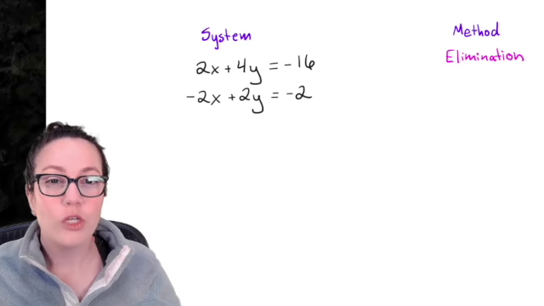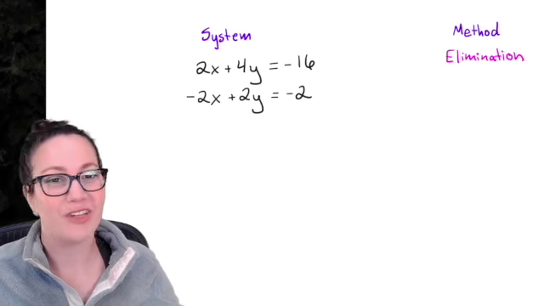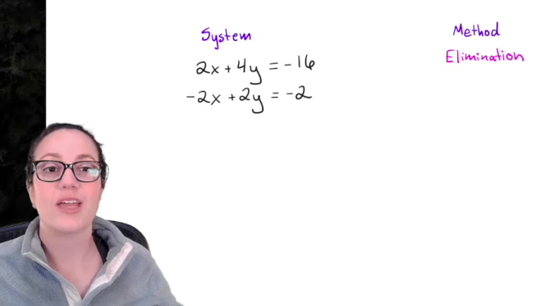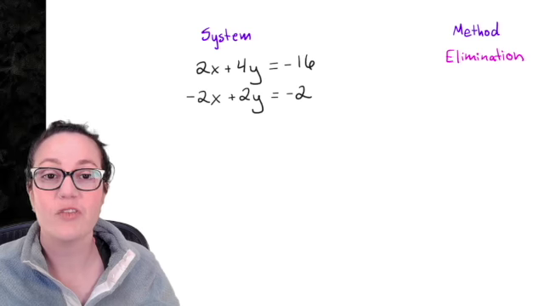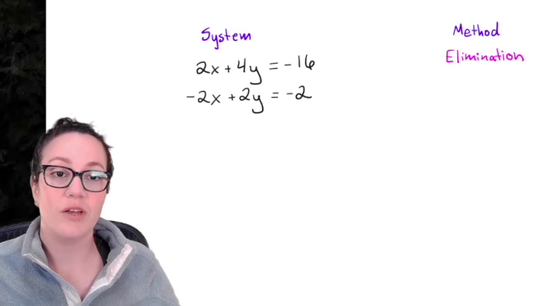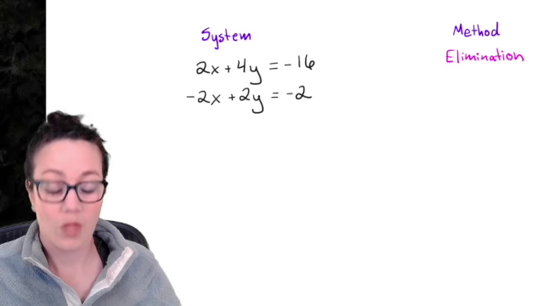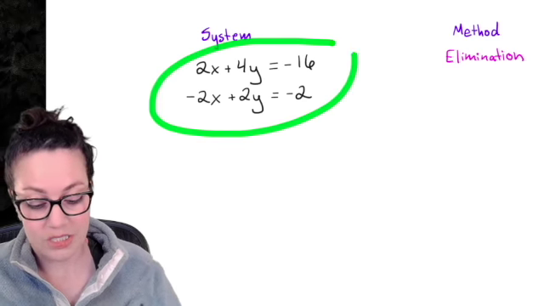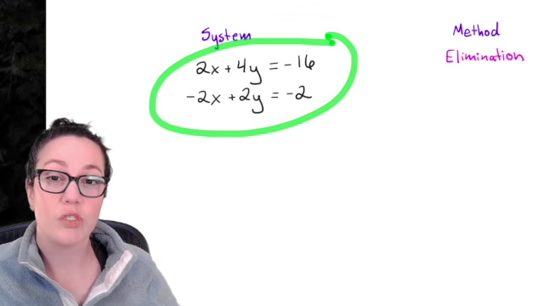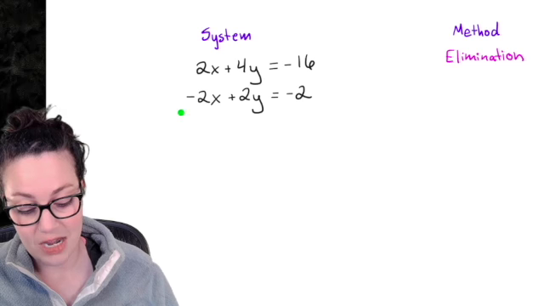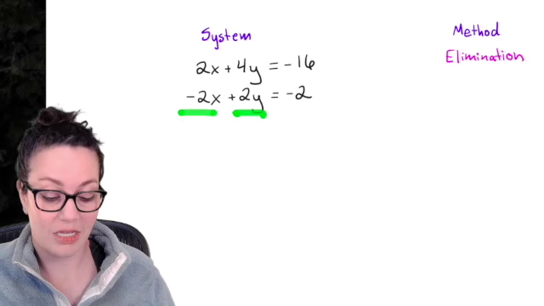So when you're working on this process and you're feeling unsure, remember, the goal is that you can solve systems in a lot of different ways, so you can pick the easiest one and the one that makes the most sense based on the system you're given. So our system is 2x plus 4y equals negative 16, and then negative 2x plus 2y equals negative 2.